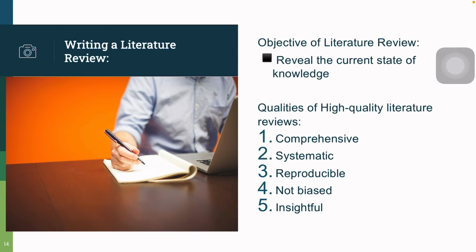And the last one is insightful. Finally, reviewers should strive for a review that is insightful and is more than the sum of its parts. So reviewers have an opportunity to contribute to the knowledge through an astute and incisive synthesis of the evidence.